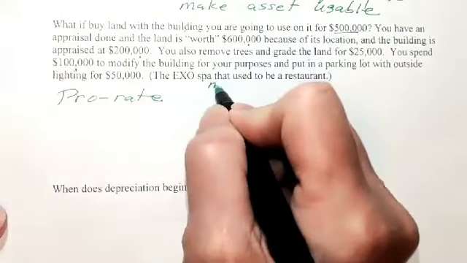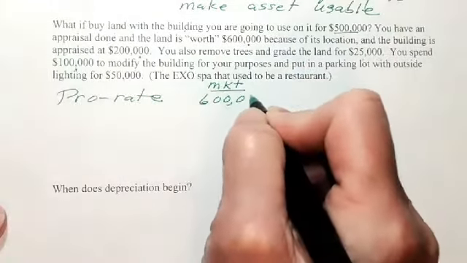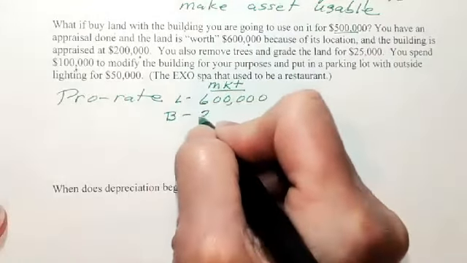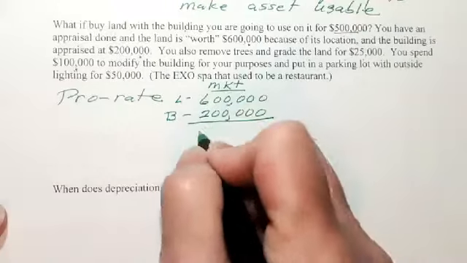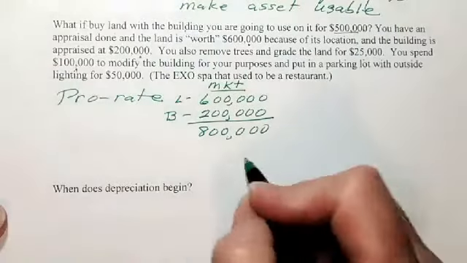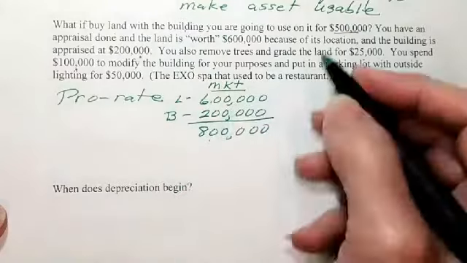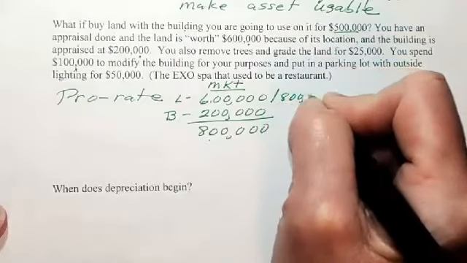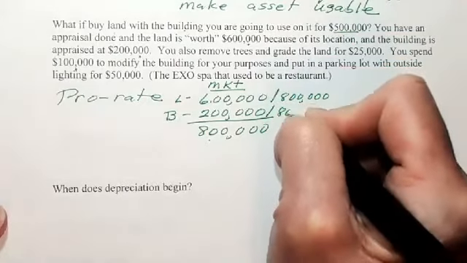Our market values, the land was worth $600,000 and the building was worth $200,000. You take those two and add them together. And then by prorating, you take 6/8 and 2/8, and that's the way you decide how you're going to do it. So you take this one divided by the total, this one divided by the total.